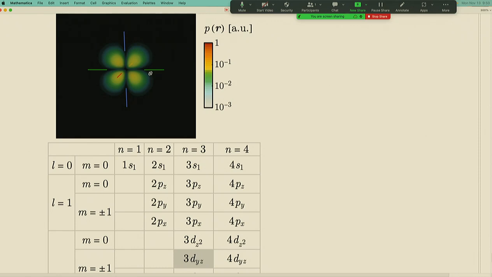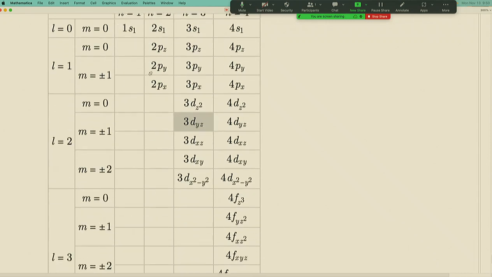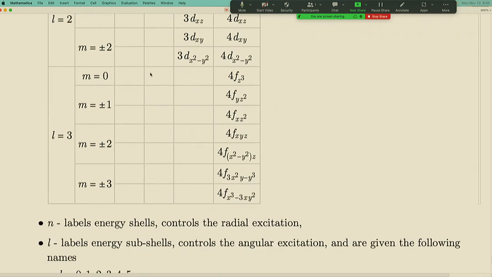The region where y times z has a high value is along these 4 different directions, and they are 0 along the axes. So that's why this shape of the wave function is called dyz. That's just the explanation of all these names, and hopefully that helps.